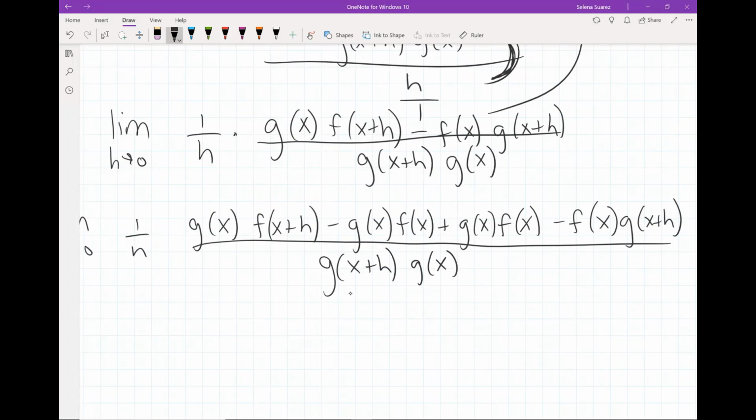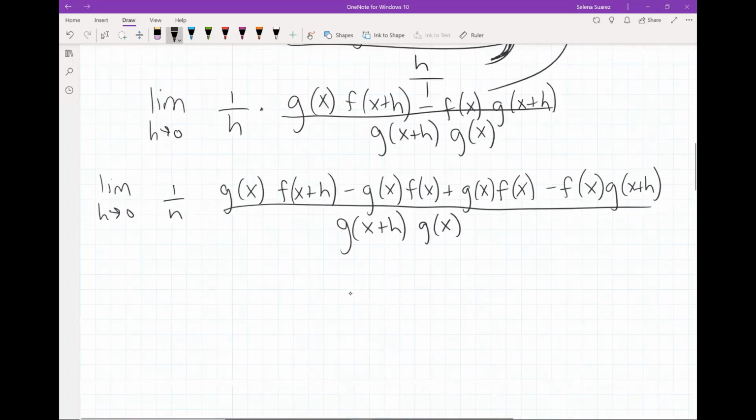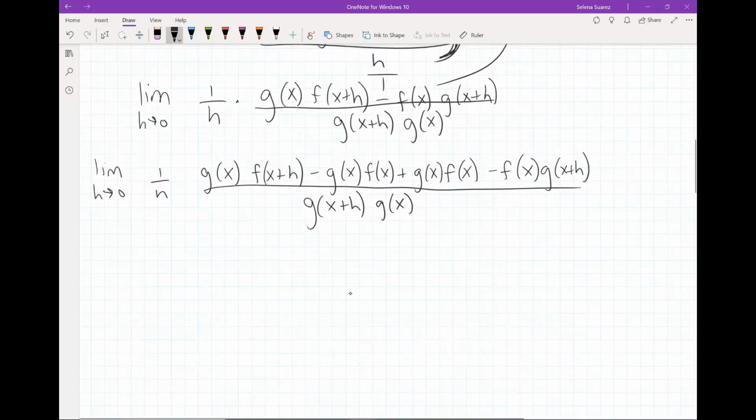All right, now from here, I'm going to switch my denominators, which doesn't change anything either. This is going to be 1 over g of x plus h times g of x. And I'm going to change the h over here.